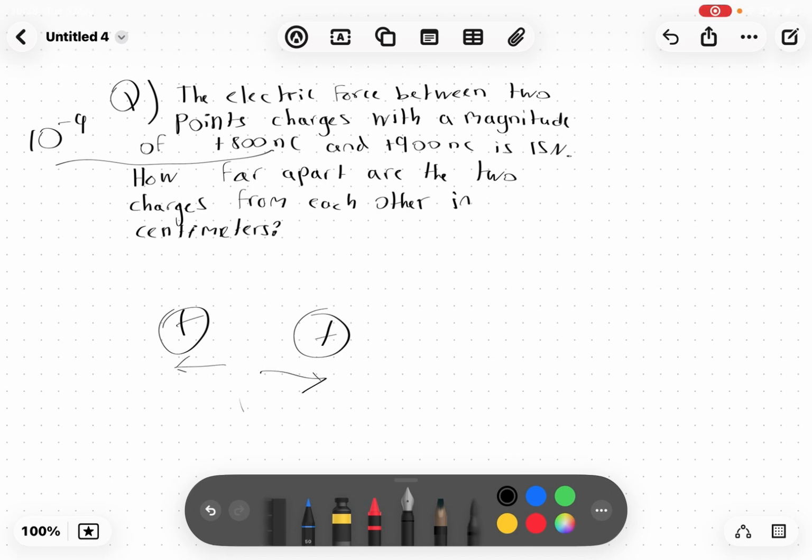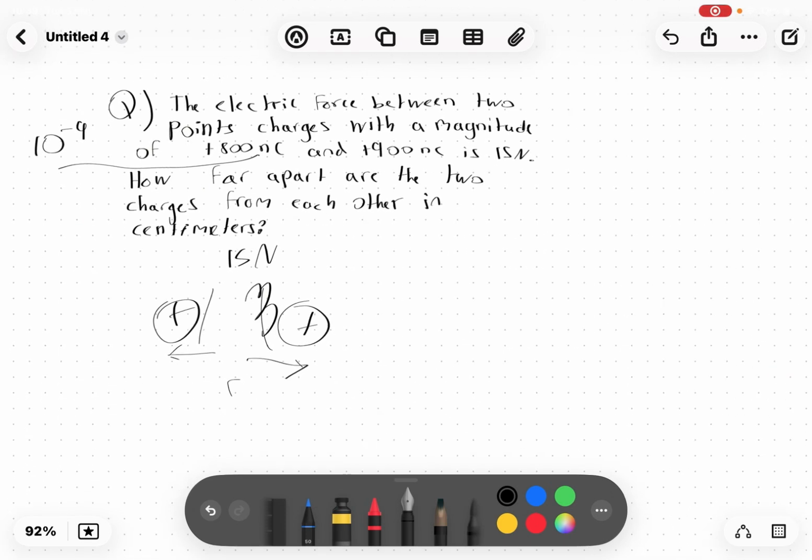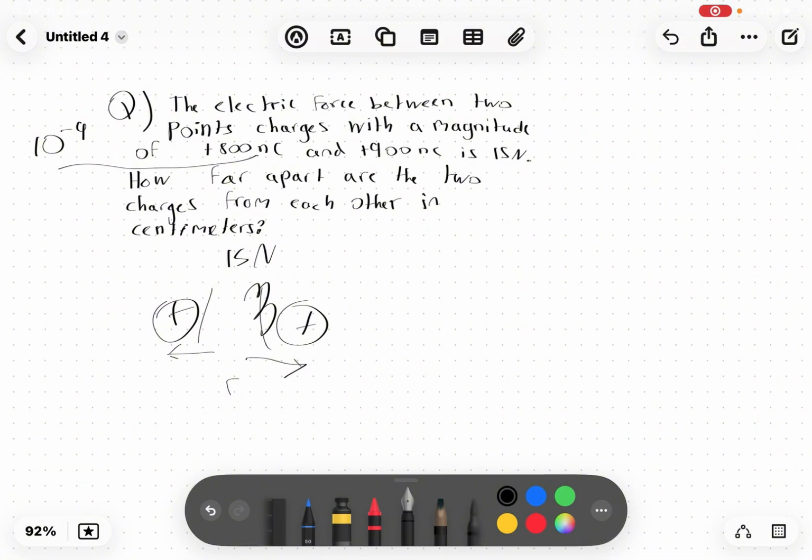And the distance we don't know, however we know the force, which is 15 for each of them. Now, how do we find R? It's basically normal rearranging. We know that F equals K Q1 Q2 divided by R squared.